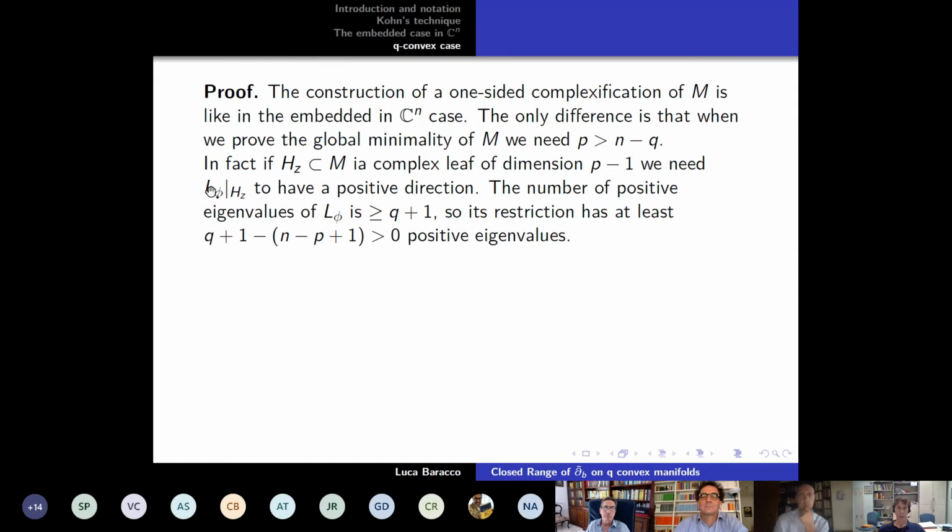we need the Levi form of phi restricted to Hz to have at least one positive direction. Now we know that the number of positive eigenvalues of phi is at least q plus 1.